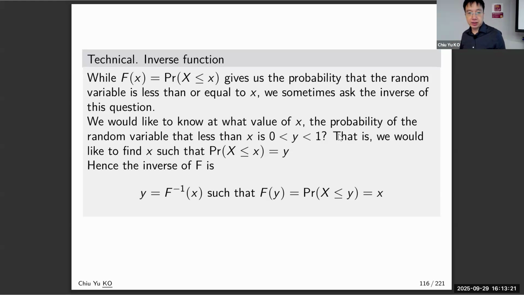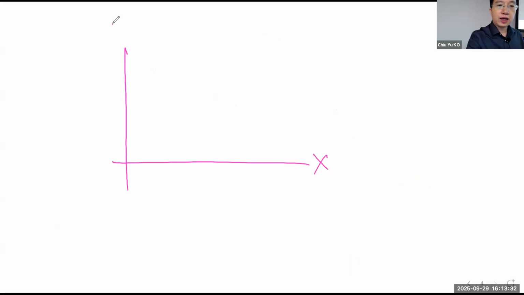Another thing I want to talk about, maybe I'll just talk about this and then we call it a day. Remember the F function is like this, right? You draw it starting from 0 and then it goes up.